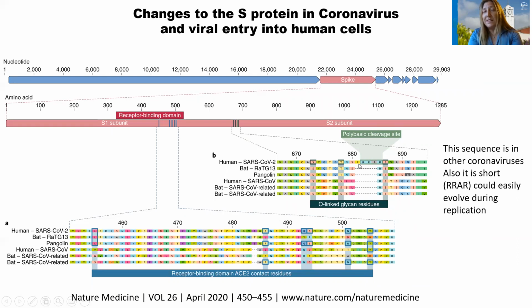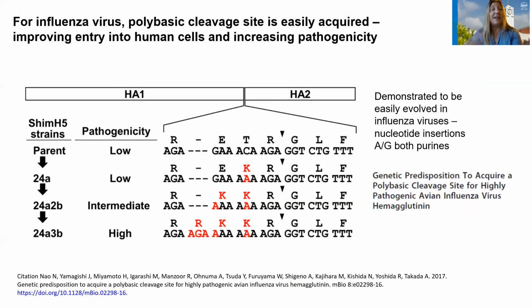But also, it's again a small sequence with repeated amino acids. So these arginines are basic amino acids. And so that could also have easily evolved during insertion errors during replication. And so this actually happens with influenza virus. It's been demonstrated that there is a predisposition to obtain these polybasic cleavage sites within the surface protein of the virus that's important for entry and which needs to be cleaved for entry into the cell.